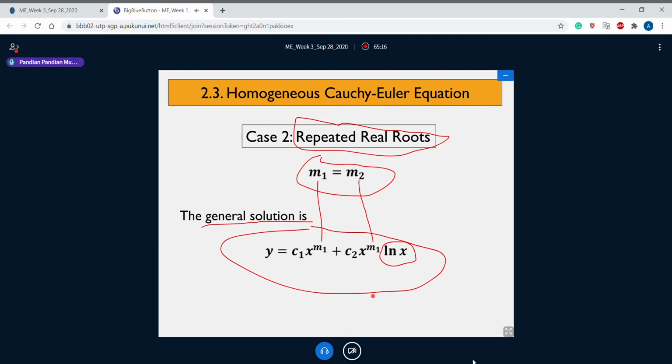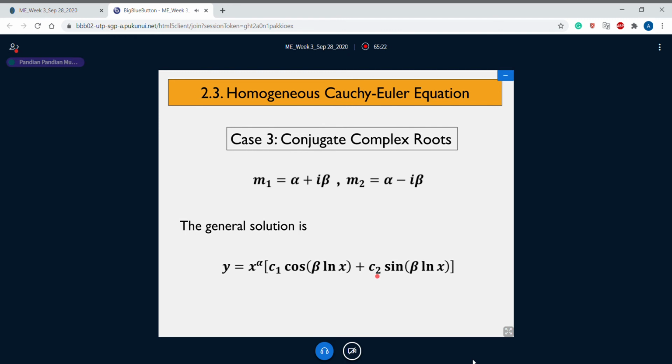Now, for case 3, this is quite a difficult one, because of conjugate complex roots.